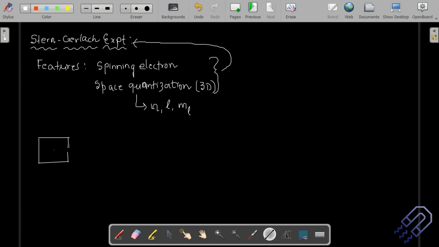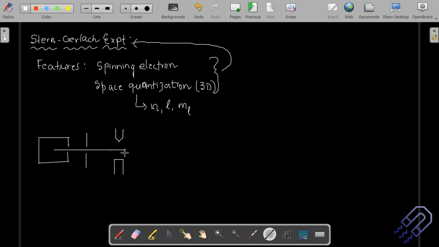The silver atoms were coming out of this, and as in normal experiments, slits were put there. The beam of atoms was allowed to pass through a non-uniform magnetic field. Okay, I'll tell you how.